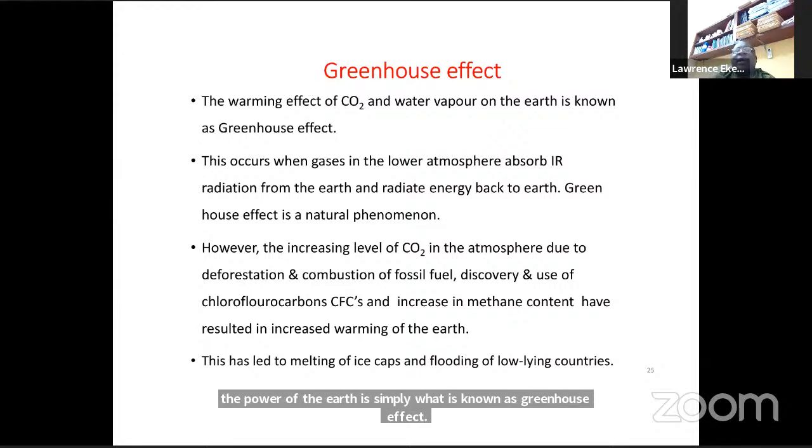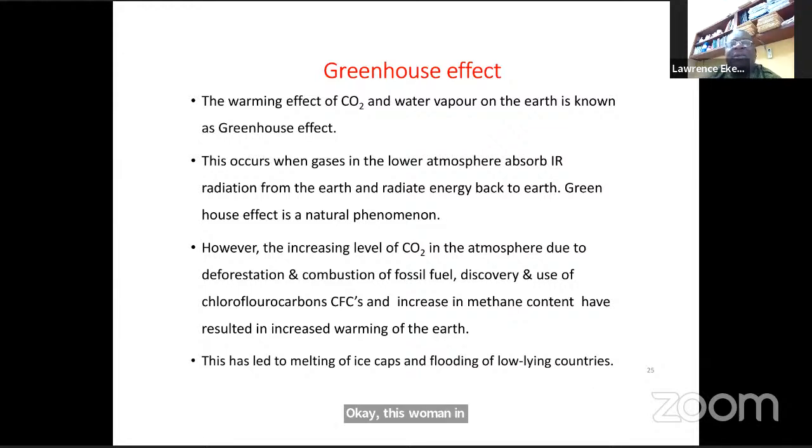This warming effect will lead to an increase in temperature of the environment, and the totality of this is what we also know as climate change effects. Now, this occurs when gases in the lower atmosphere absorb the infrared radiation from the earth and radiate energy back to the earth.